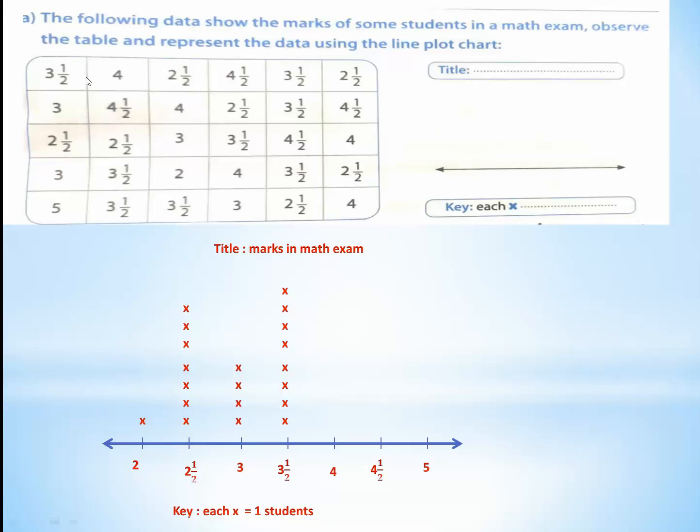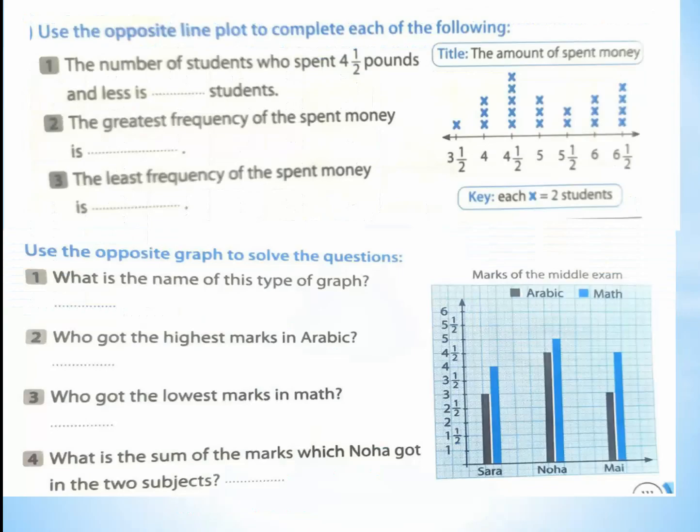How many 4s? 1, 2, 3, 4, and 5. We are going to draw 5. Okay, how many 4.5? 1, 2, 3, 4. So we are going to draw 4. How many 5? We have 1. So this is the answer.